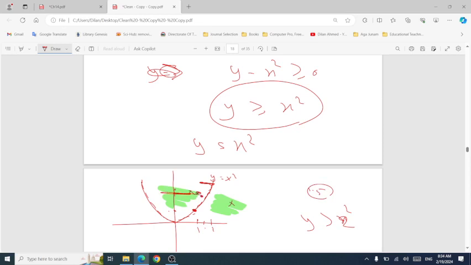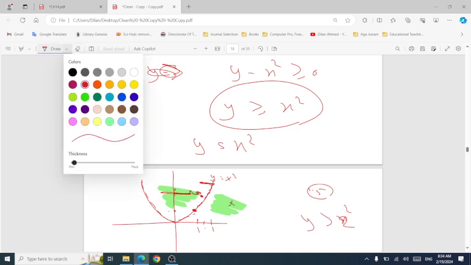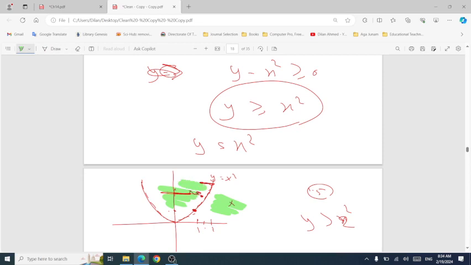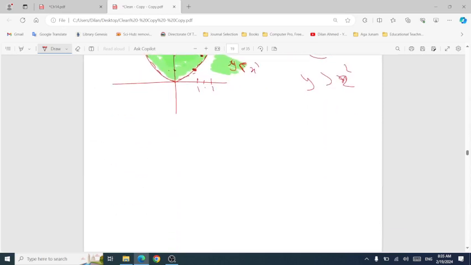Good. And we are going to fill the gap here. Why should we fill it? Because we say y is greater than or equal to x squared. How about here? Y is less than x squared. Here is greater than x squared. So I have a parabola.